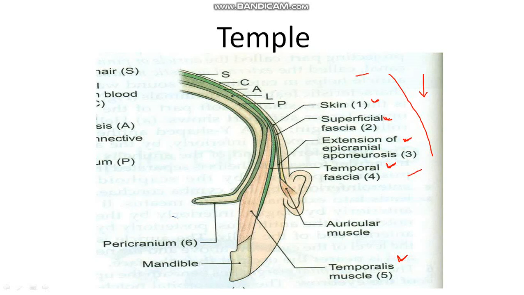So this is all about the pattern of arrangement. And the fifth layer, the temporalis muscle, is the additional layer that we see in this region when we compare with the scalp.